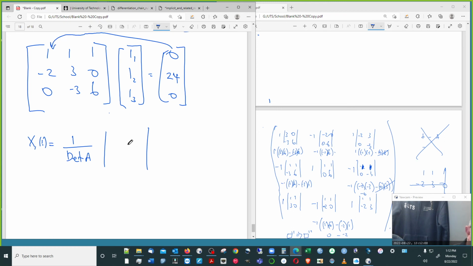So you're going to take the determinant of 0, 24, 0, 1, 1, 3, 0, minus 3, 6. So that'll get you x1. x2, which in this case is I2, is 1 over det A. And this time it'll go into the second one.